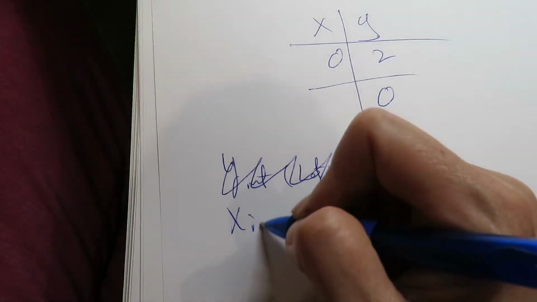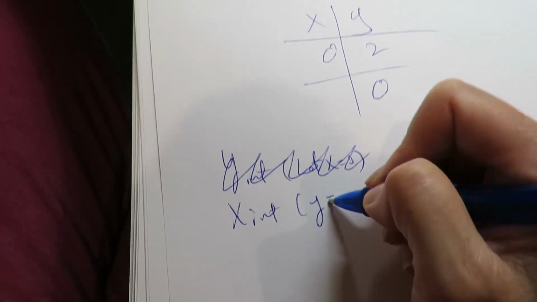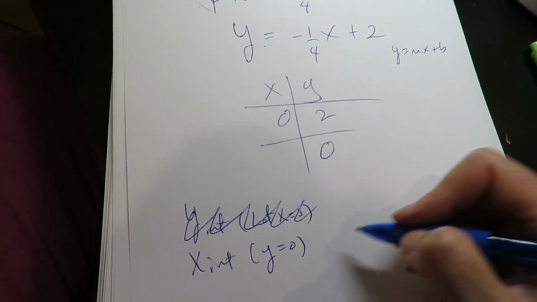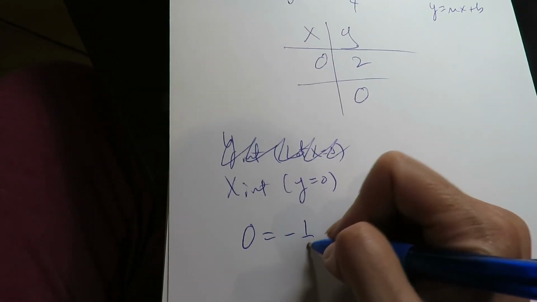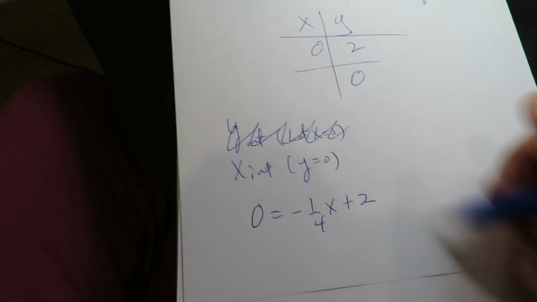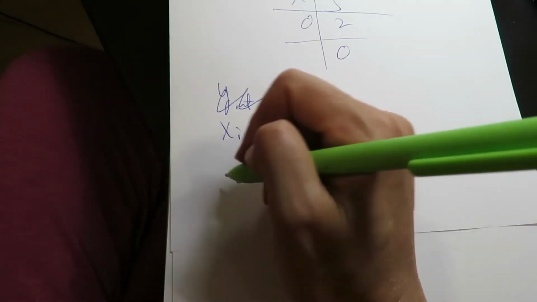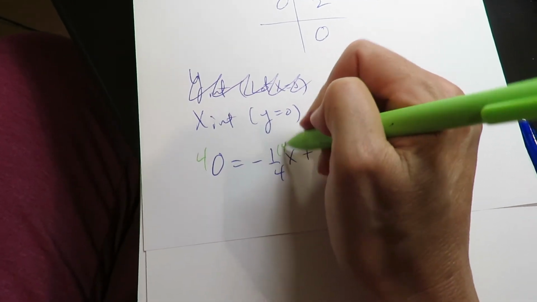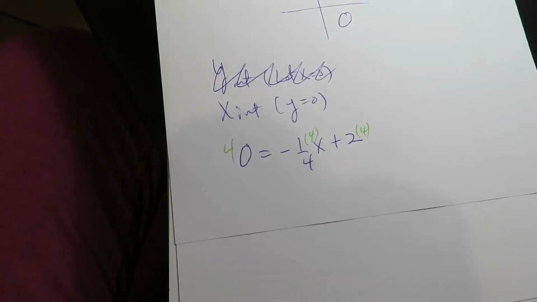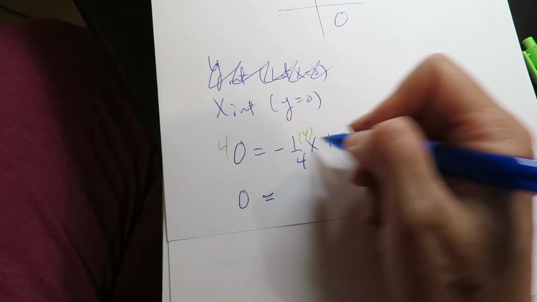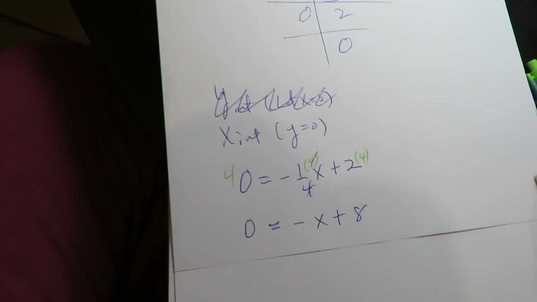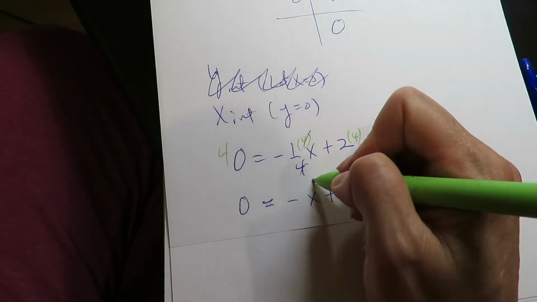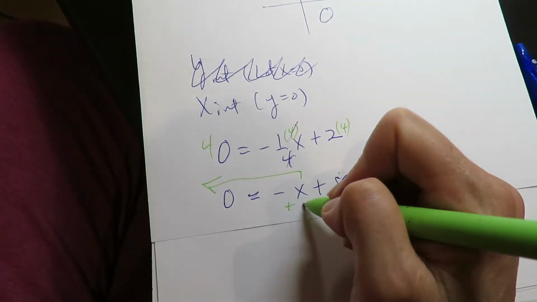All right, and for the x-intercept, now we're going to let y equal 0. So if y is equal to 0, you get 0 equals negative 1/4 x plus 2. Some people hate the fraction, so I'll just kick that out right away. So 0 equals negative x plus 8. Let me just move the x to the other side, it's quicker.